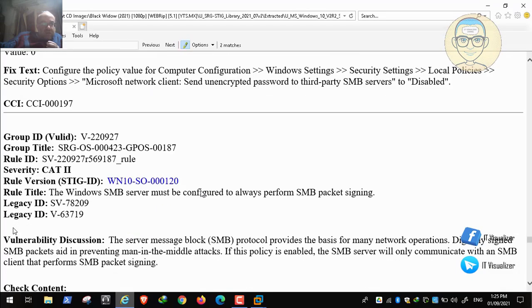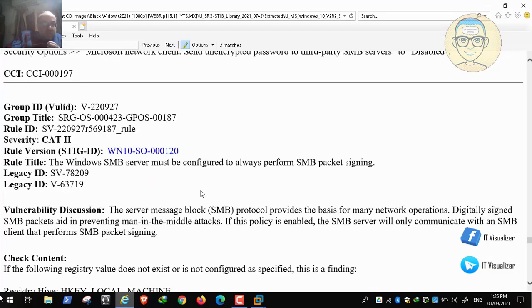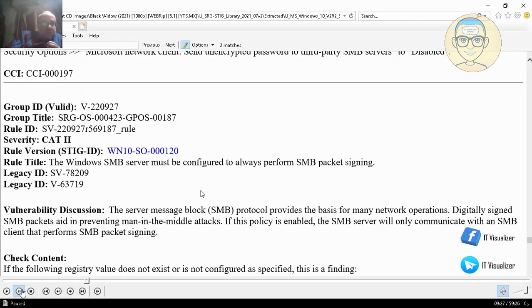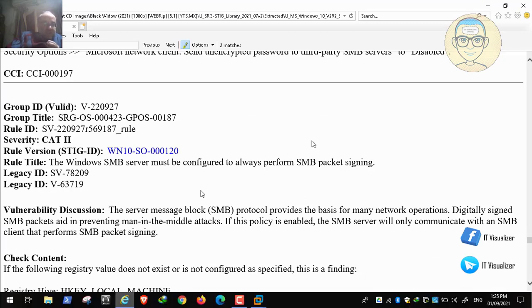Now we continue. The SMB server must always be configured to perform SMB packet signing. So as I said before, for the communication between a client and a server, if you need to access a folder or data on a server, we have two sides, the client side and the server side, where the file or folder resides.